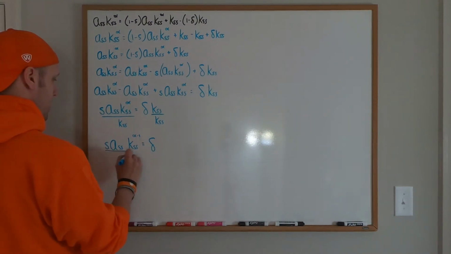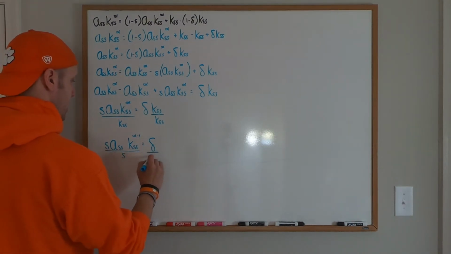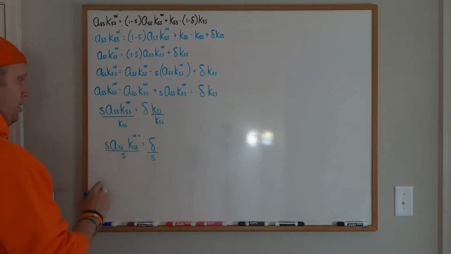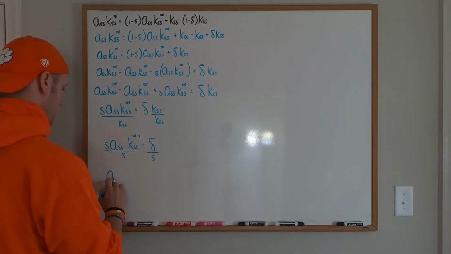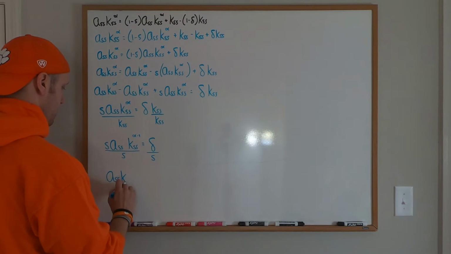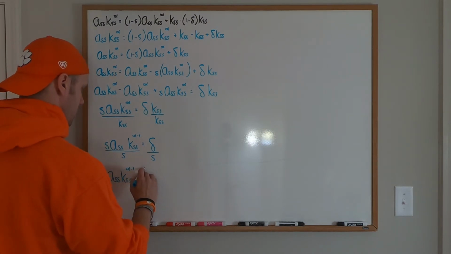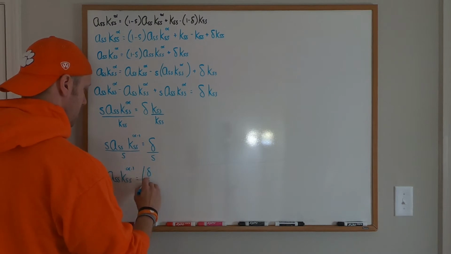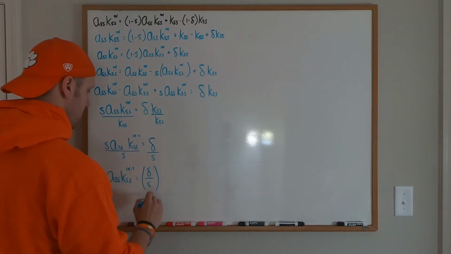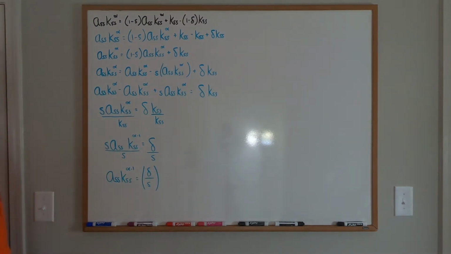All right, and then I want to divide both sides by S. So now I have ASS times KSS to the alpha minus 1 equals delta over S. Now I'm going to divide by ASS.